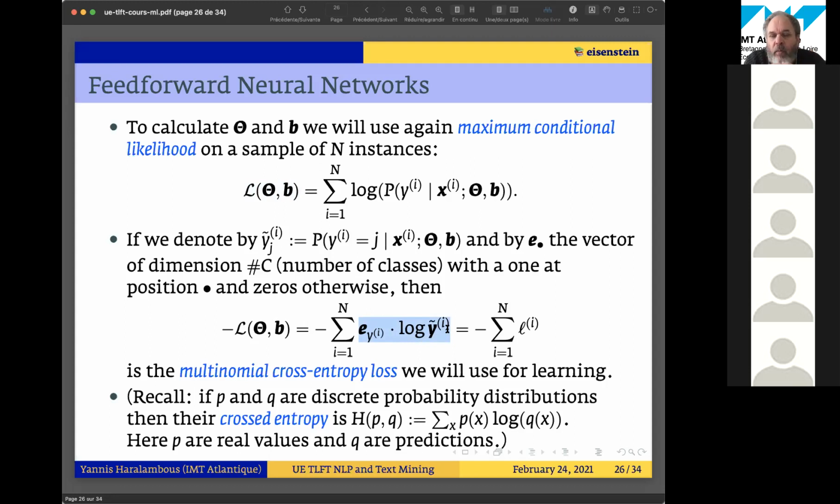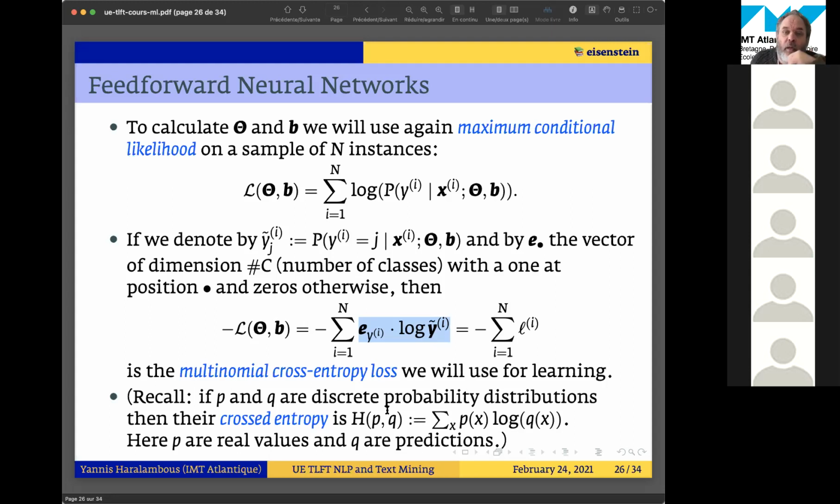So remember, what is entropy? It's the information hidden in something. And what is crossed entropy? It's a way of comparing two probability distributions. It's not symmetric. It's not zero when you take the same probability distribution. When you take the same, you just get simple entropy. But it's still a way of comparing them.